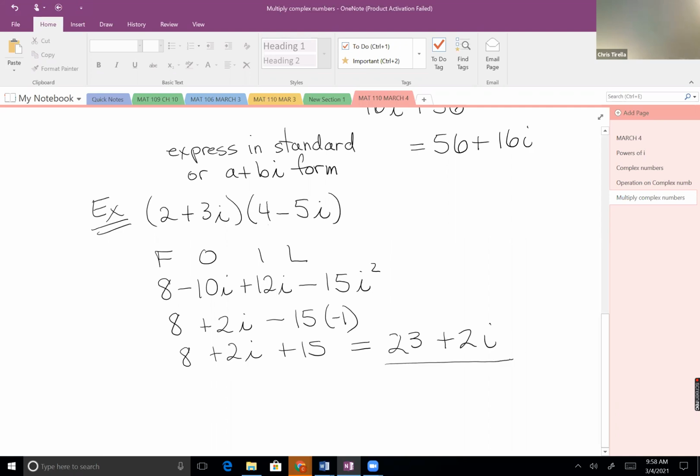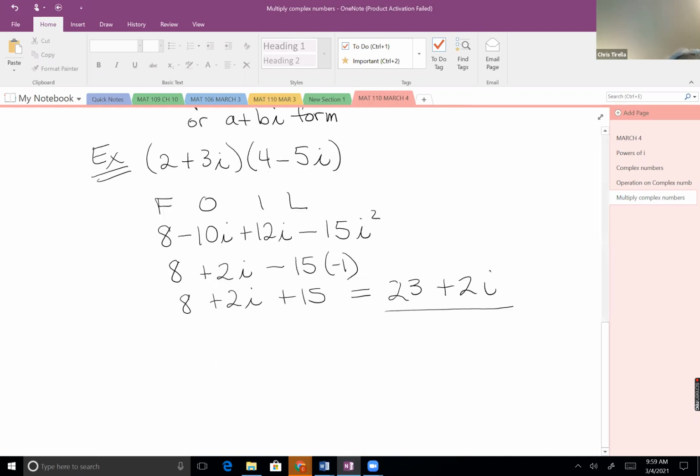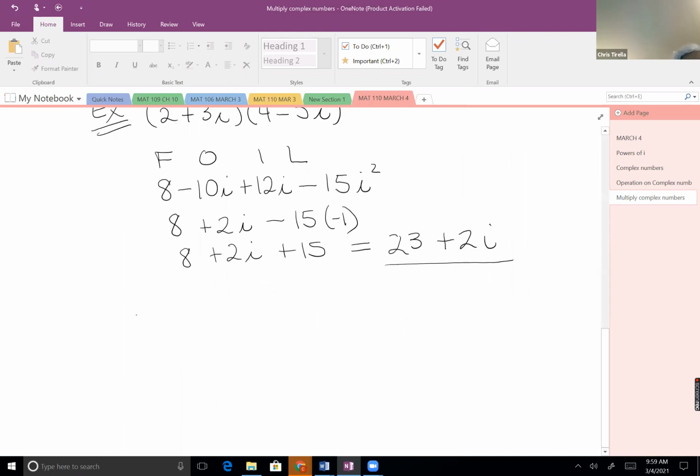Is everybody all right if I do that by FOIL? Did anybody want to see that one with either the repeated distribution or building that box? Not hearing any complaints, I'm going to give you folks one to try.